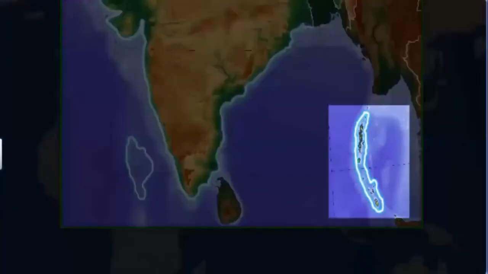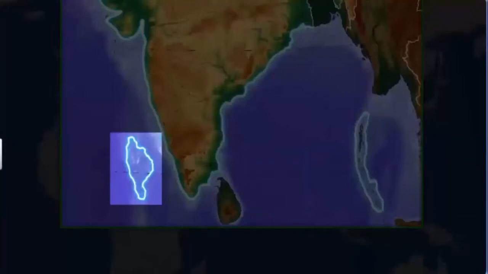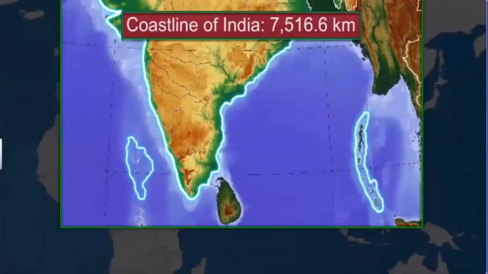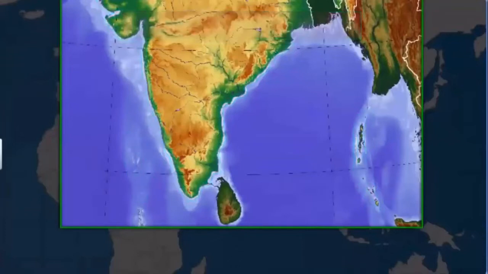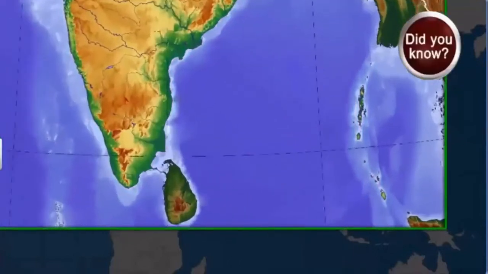India's total coastline, including the outlines of the Andaman and Nicobar Islands and the Lakshadweep Islands, measures 7,516.6 kilometers.